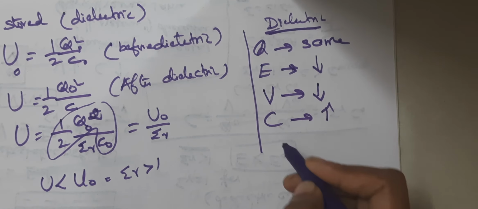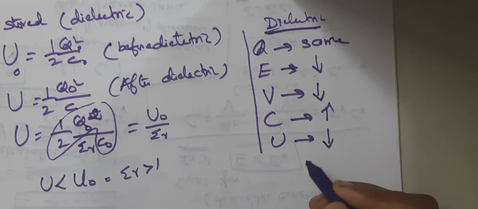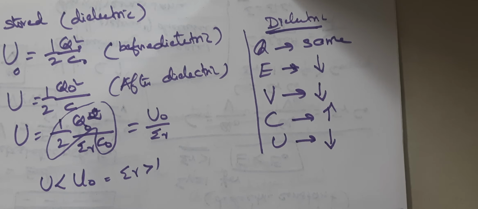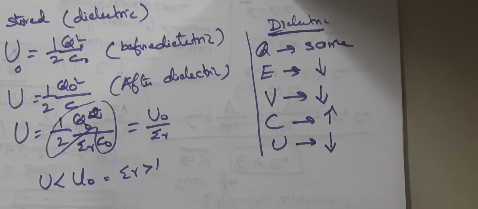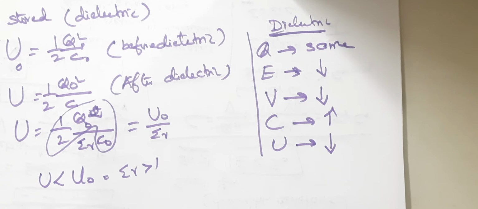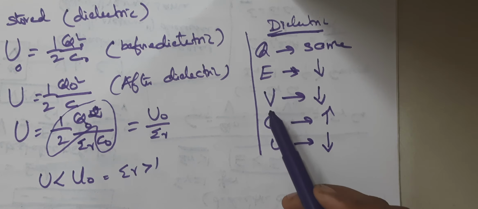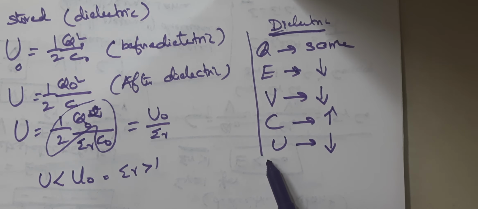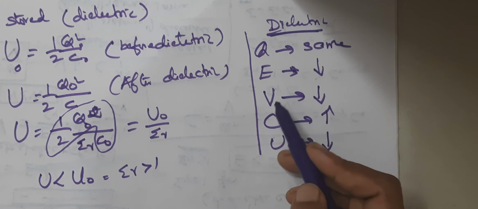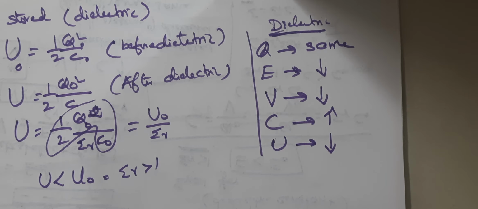Capacitance increases. And the energy decreases. So when the dielectric is placed between the two parallel plates of a capacitor and the battery is disconnected, Q remains the same, while electric field, voltage and energy decrease, and the capacitance increases.